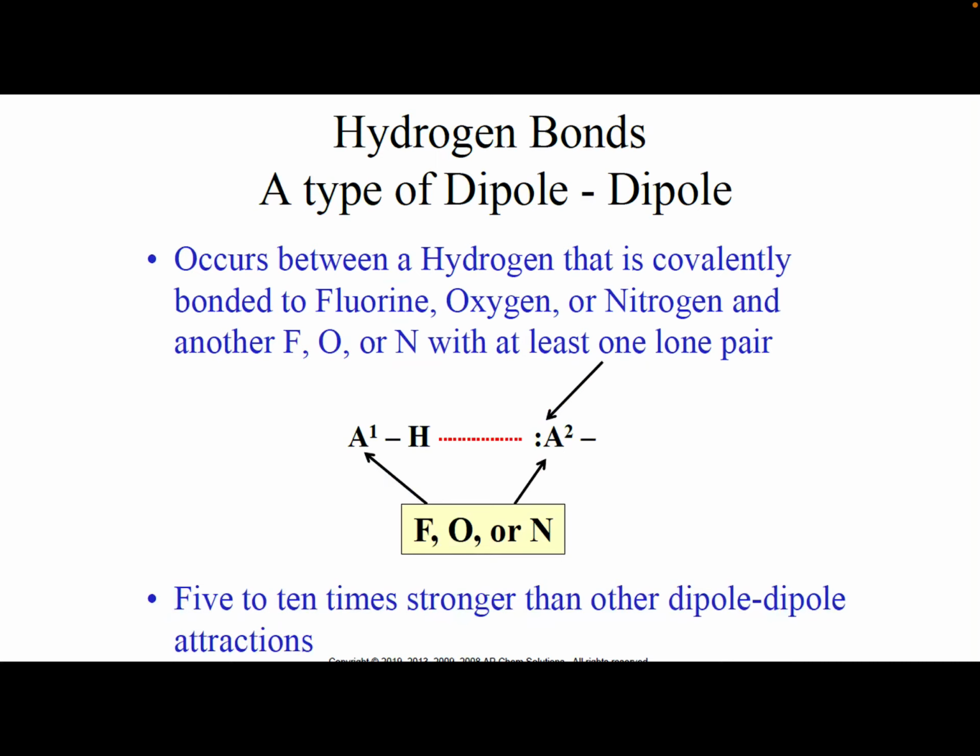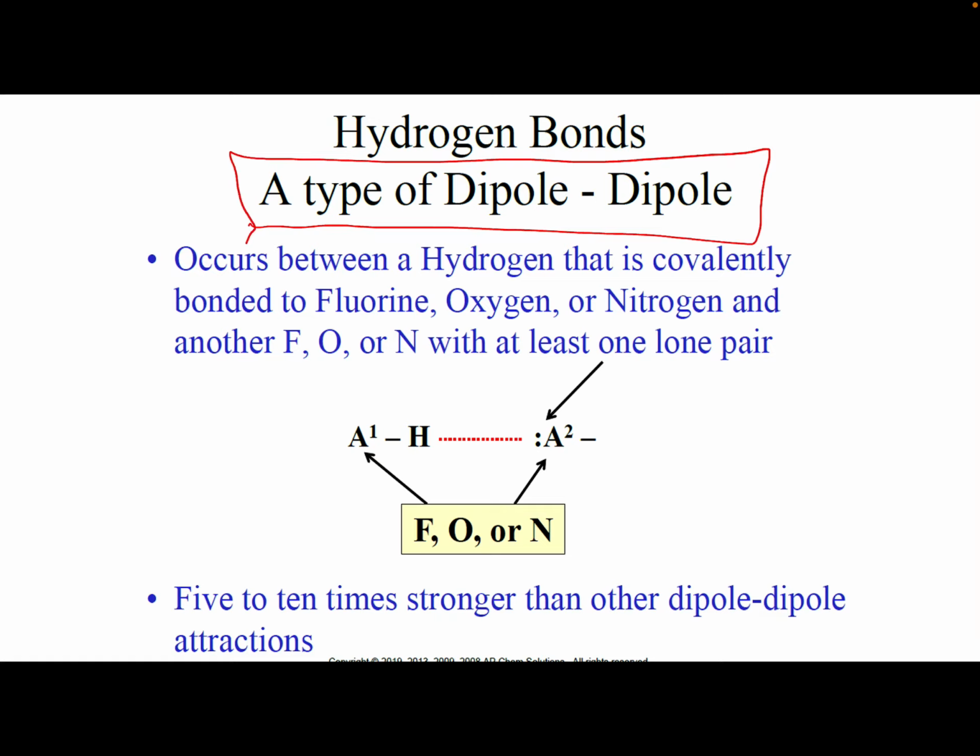Hydrogen bonds are a type of dipole-dipole. So usually it's helpful if you have to identify the intermolecular forces in a FRQ prompt or something like that, and hydrogen bonds are present, I always encourage students to mention dipole-dipole and hydrogen bonds.